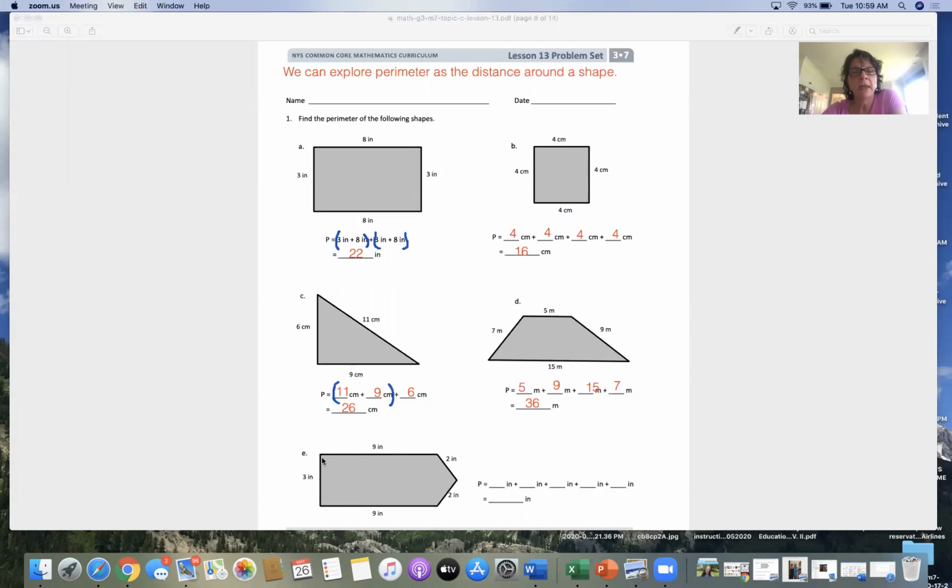All right, shape E, it's our last shape we have to find the perimeter on this side. So there are 1, 2, 3, 4, 5 sides. It's a five-sided polygon, which we would call a pentagon. They put 5 blanks in our number sentence to find the perimeter because 1 blank to represent each side. So go ahead and fill those in and find your perimeter, and I'll be just a couple steps behind you.